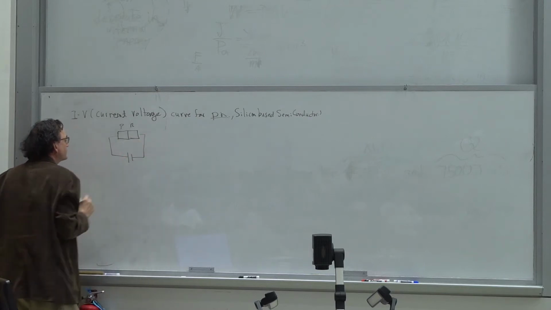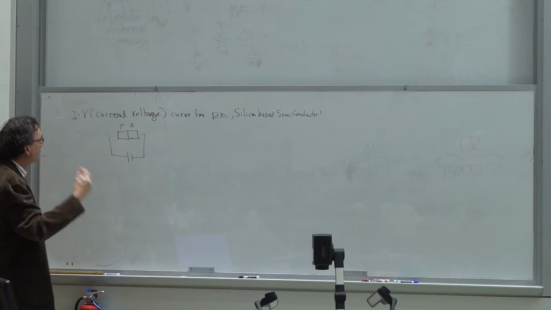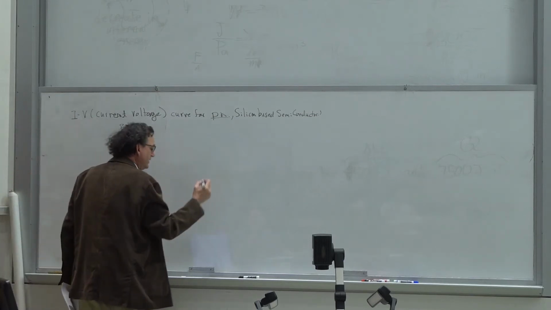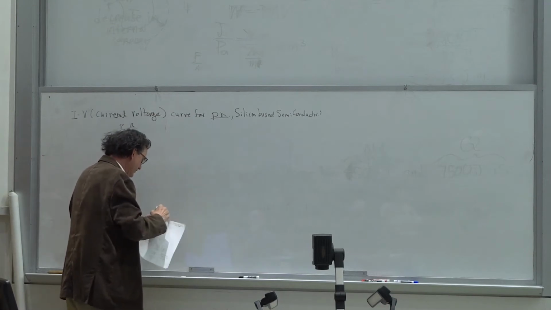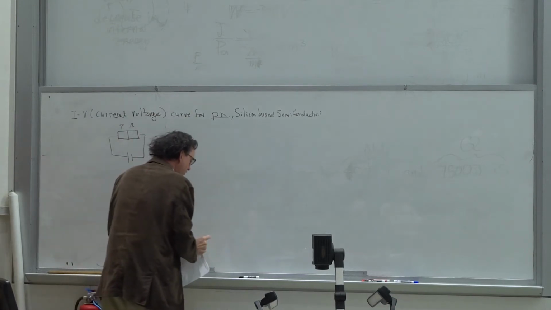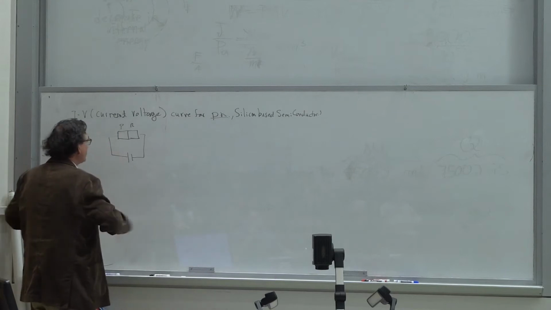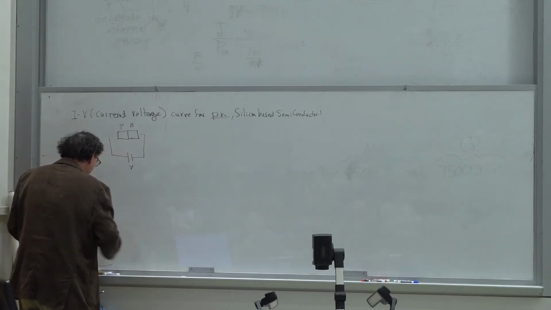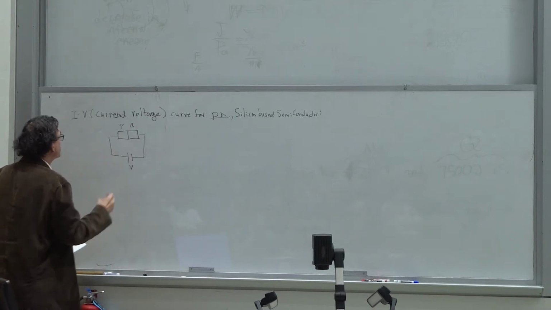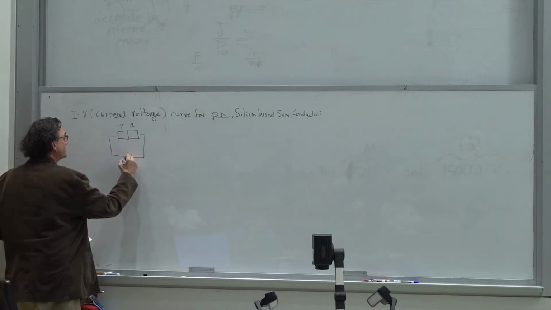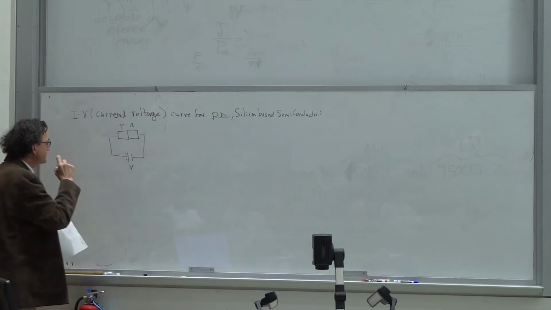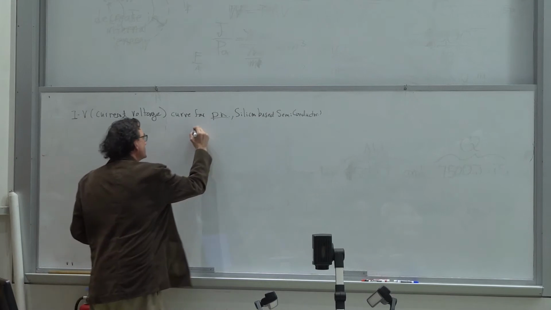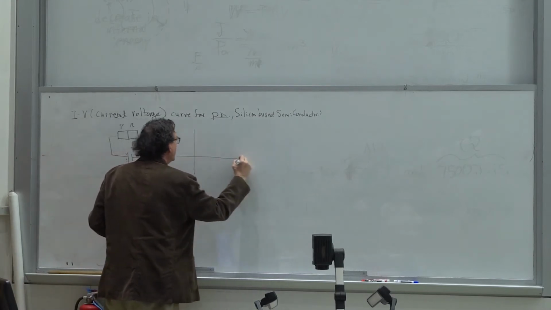What we found empirically, with some theoretical guidance, was that the curve for positive voltage, by which I mean the positive side of the battery is connected to the positive carrier semiconductor, looks something like this.